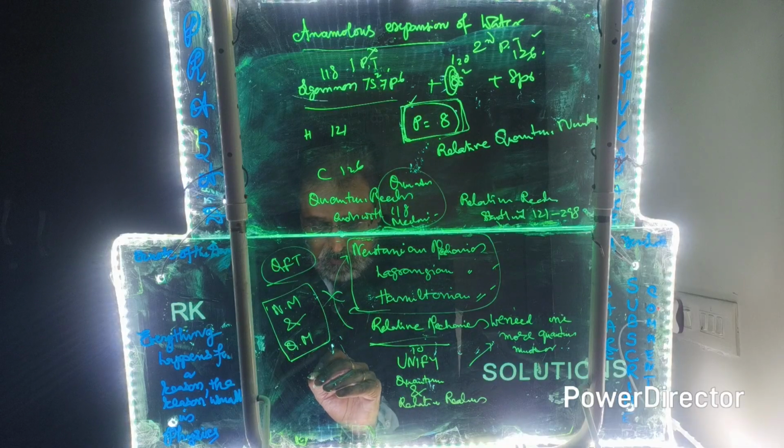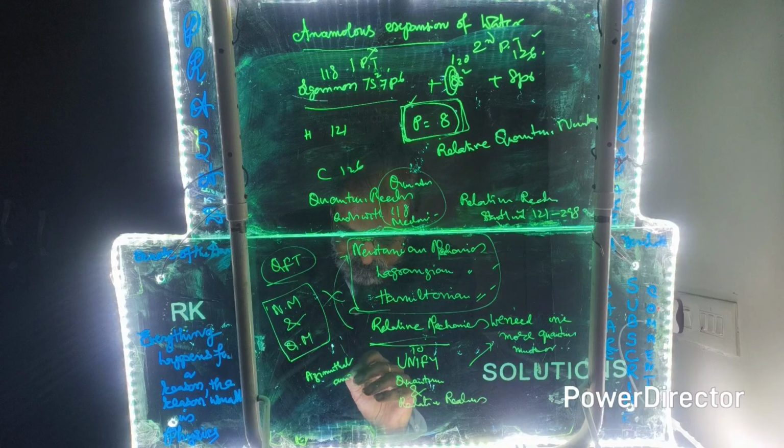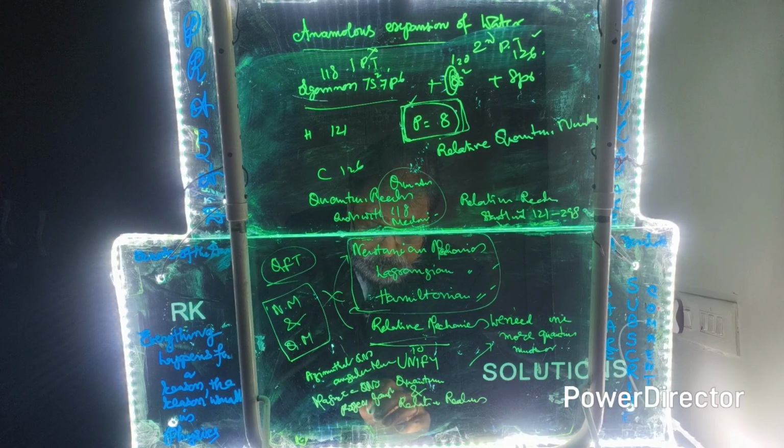Because the azimuthal gives you the angular momentum, the magnetic quantum number gives you the projection of angular momentum.